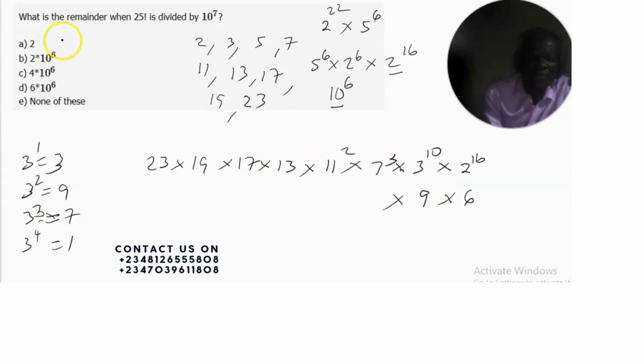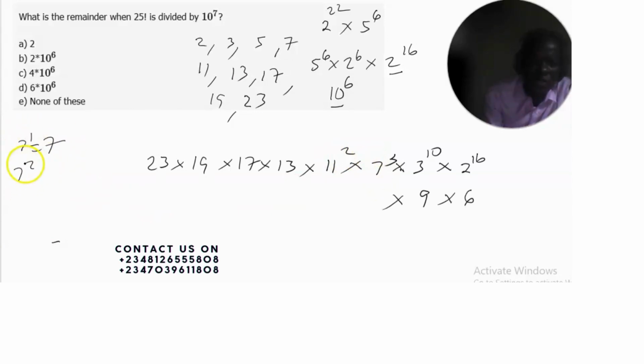So let's wipe this off. The next one I want to determine is 7. 7 raised to power 1, unit digit is 7. 7 raised to power 2, unit digit is 9. 7 raised to power 3, 7 times 9, unit digit will be 3.